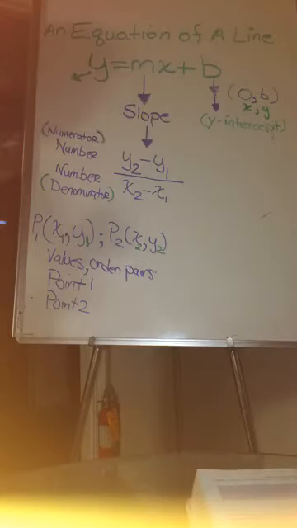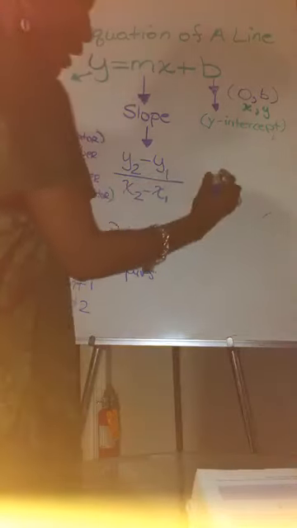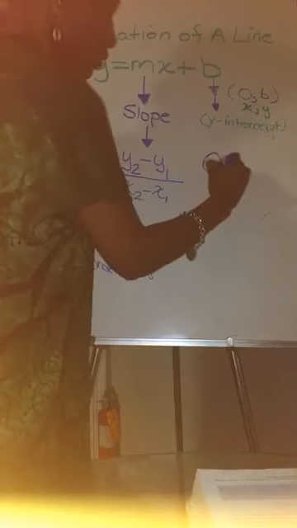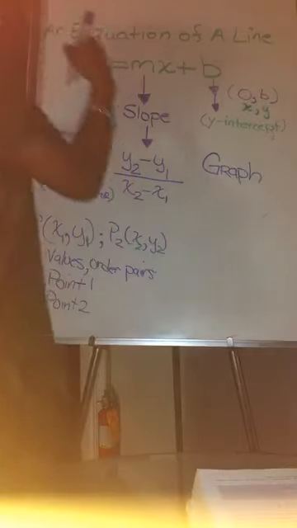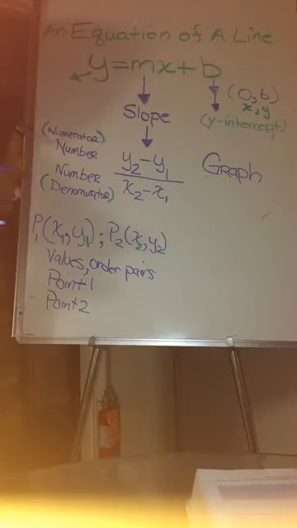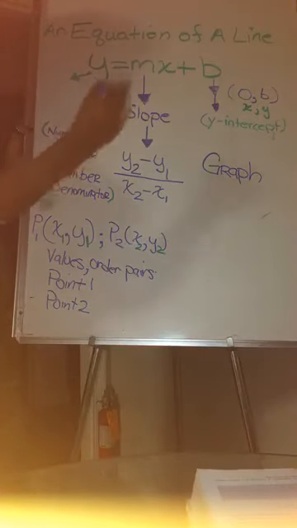And later on I'm going to show you how to graph. We can actually graph an equation of a line. So when you think about an equation of a line, it tells you that you want to graph it, okay?